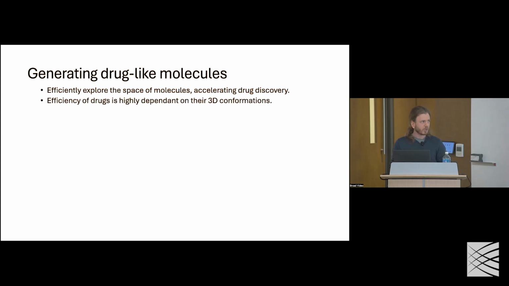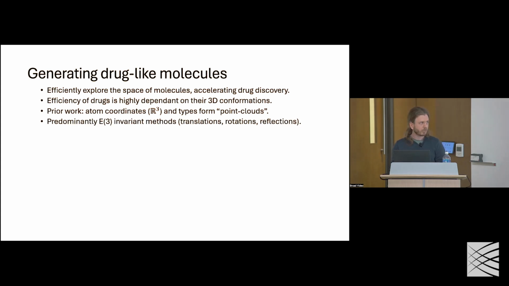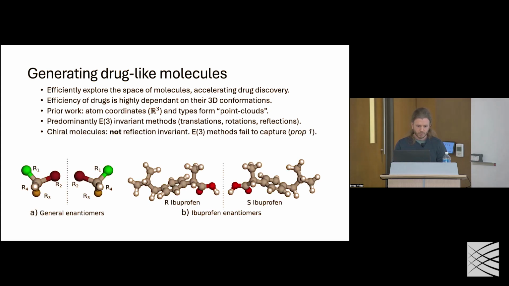And then we know that the efficiency of drugs is highly dependent on their three-dimensional conformations, and therefore much of the prior work has focused on these point clouds that model directly the atom coordinates and atom types, and that they are predominantly E3 invariant, so invariant to any global translations, rotations, or reflections of the molecules.